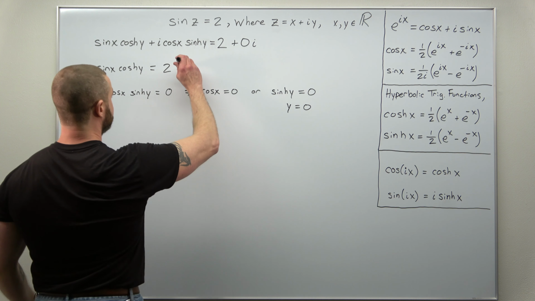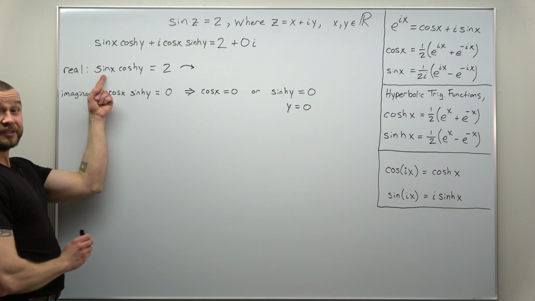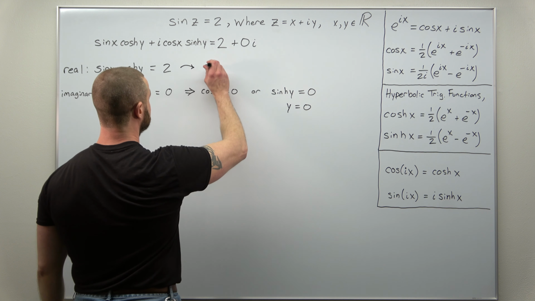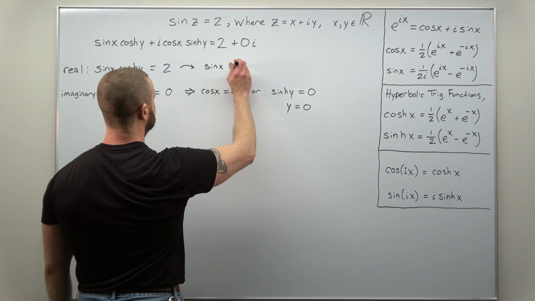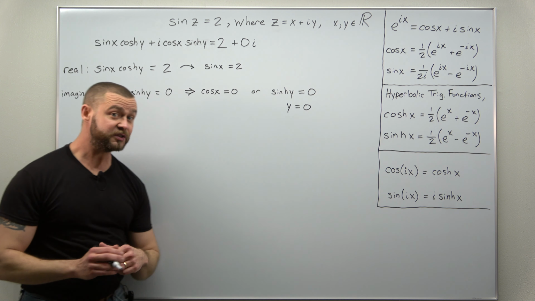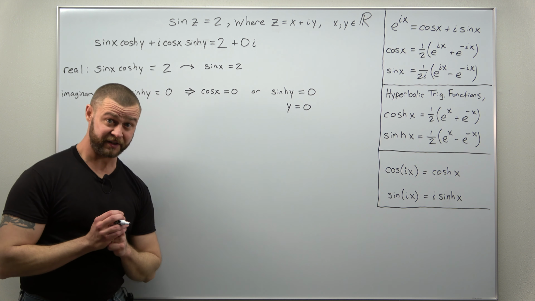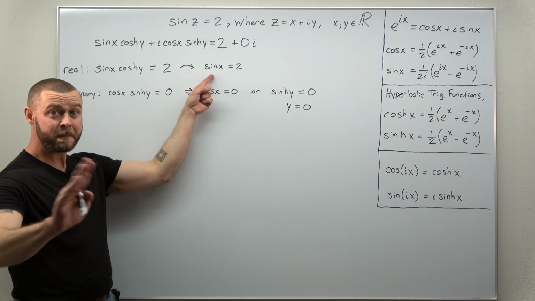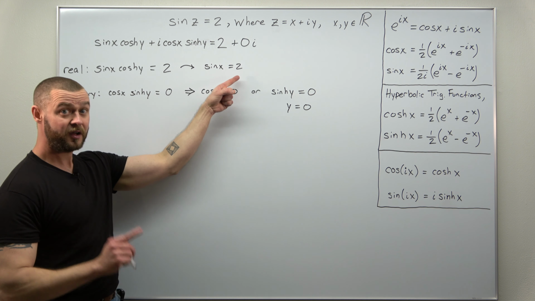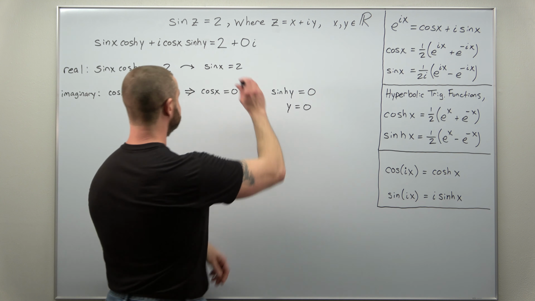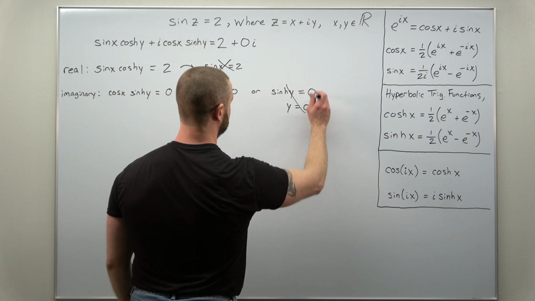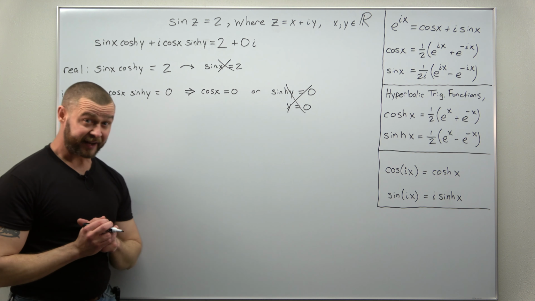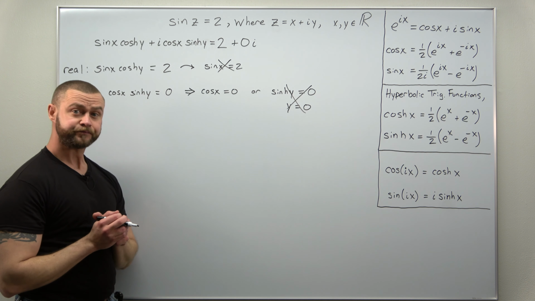This equation is going to reduce to now sine of x equals 2, which was our starting place for this problem. And we already know there are no solutions there when x is a real number. So we can forget about this and that whole second possibility or condition.